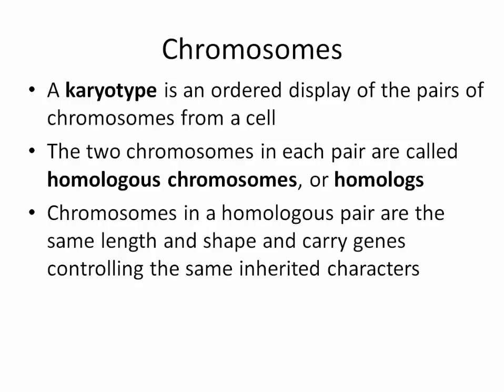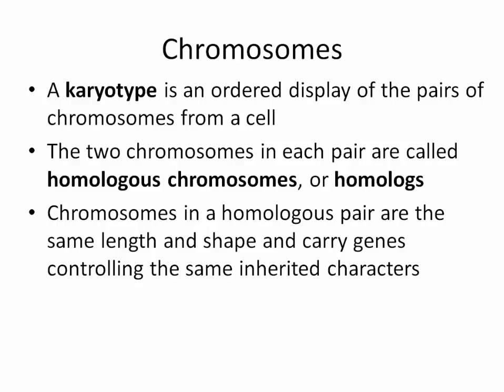The two chromosomes in each pair are called homologous chromosomes or homologs. Chromosomes in a homologous pair are the same length and shape, and I'm going to show you an exception, and carry genes controlling the same inherited characteristics.